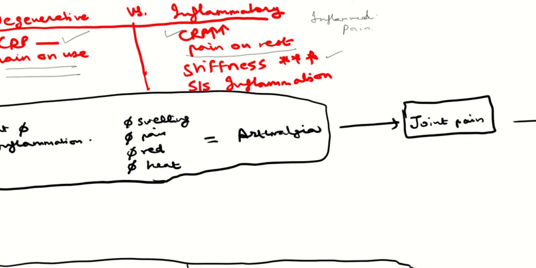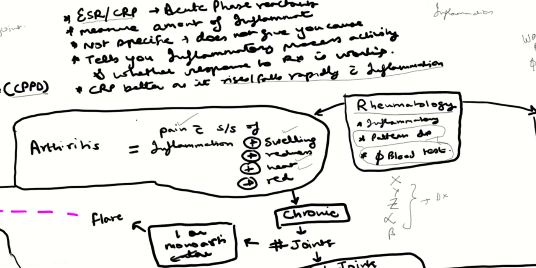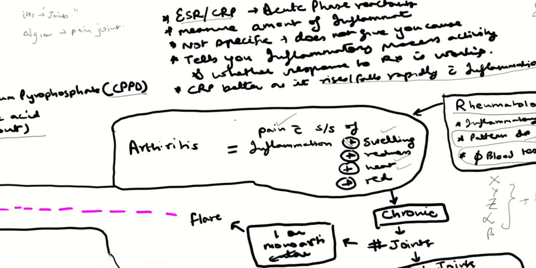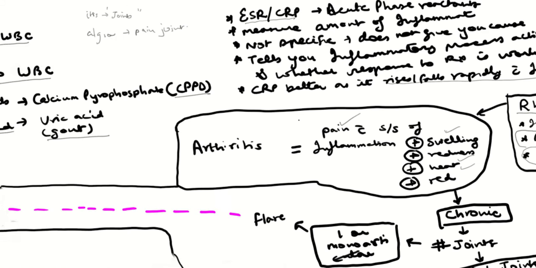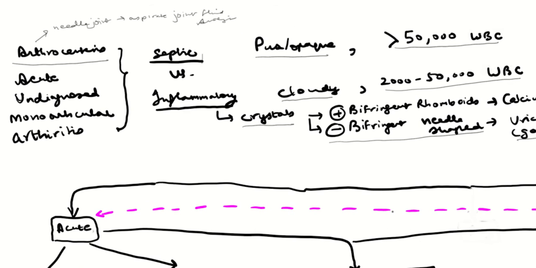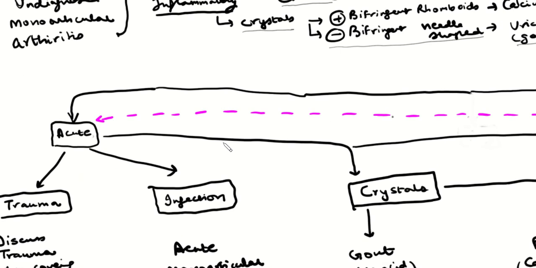Now, this is the bread and butter. What if there's pain with signs and symptoms of inflammation like swelling, redness, heat? So there are several diseases within this. The way to divide it is you say, okay, is this something acute? I was fine yesterday, and this morning this happened. That's acute.